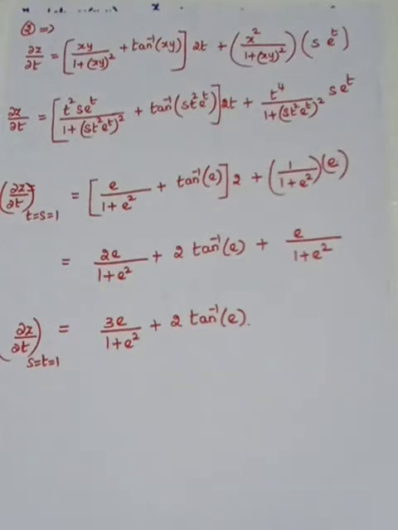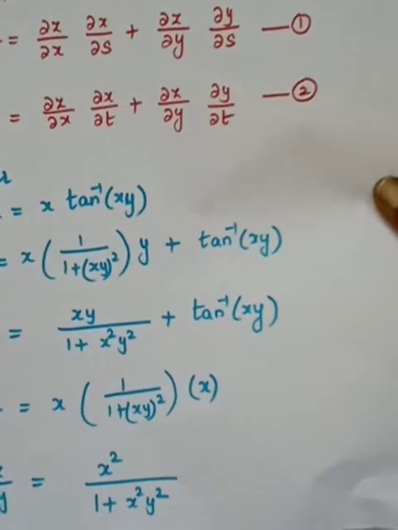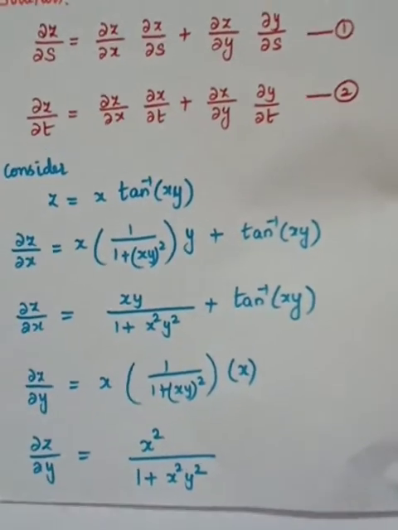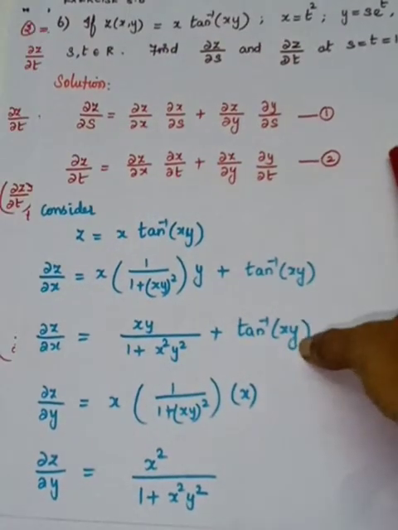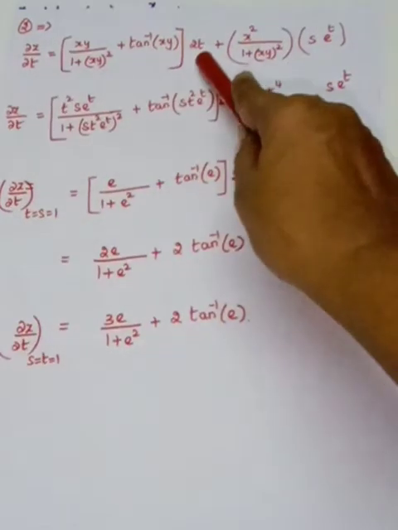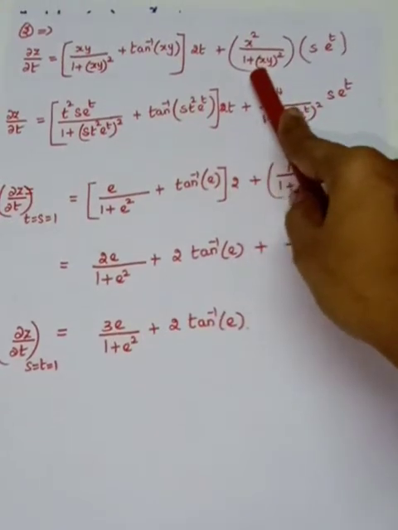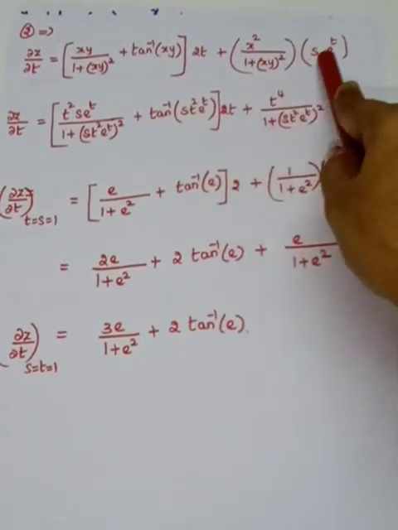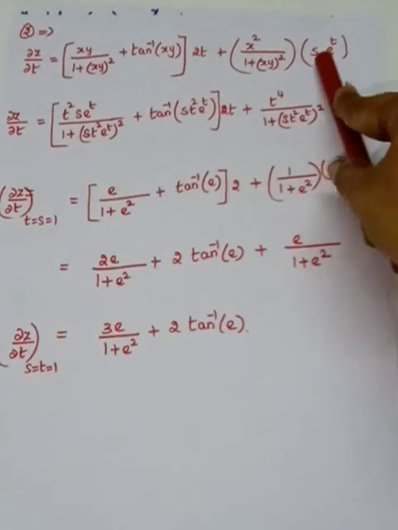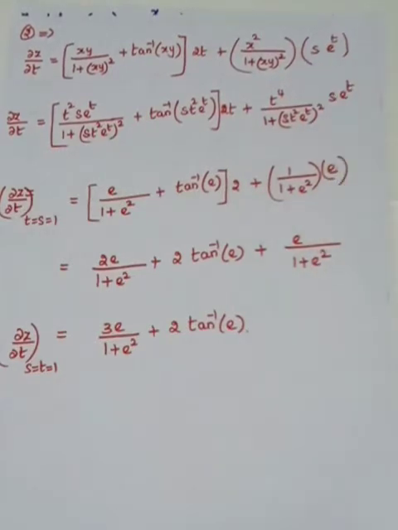So look at the formula. See now, dou z by dou x. What is dou z by dou x? This term into dou x by dou t, that is 2t. Okay, next dou z by dou y, it is written here, into dou y by dou t.